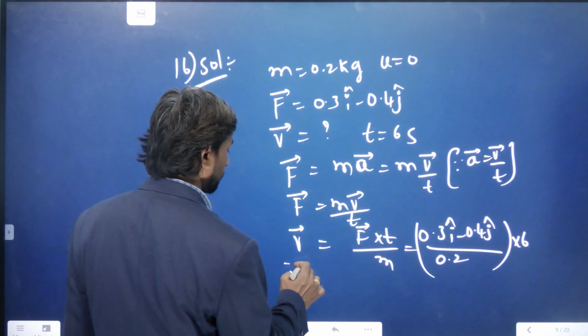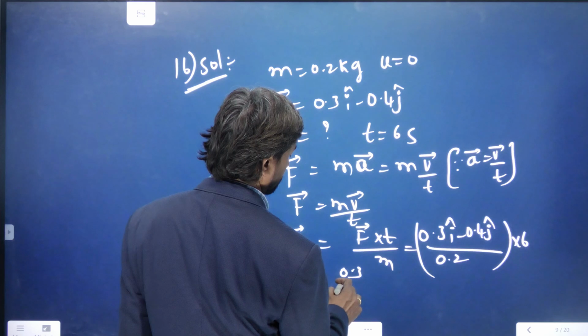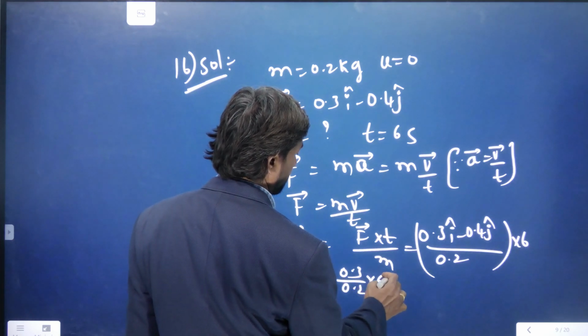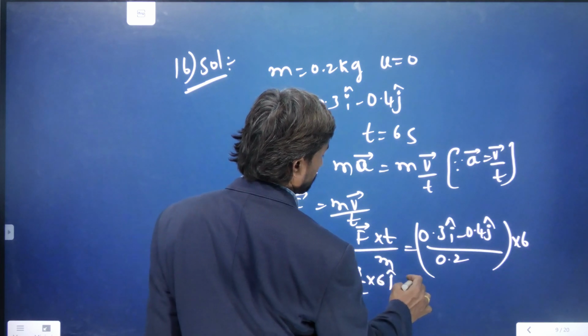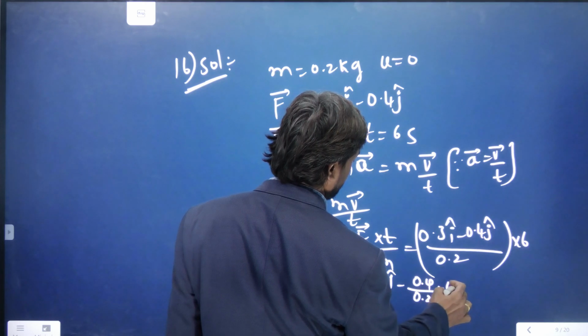So what will we get for the v bar vector? 0.3 divided by 0.2 into 6 i cap minus 0.4 divided by 0.2 into 6 j cap.